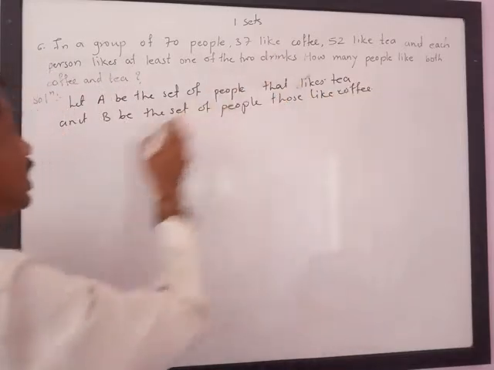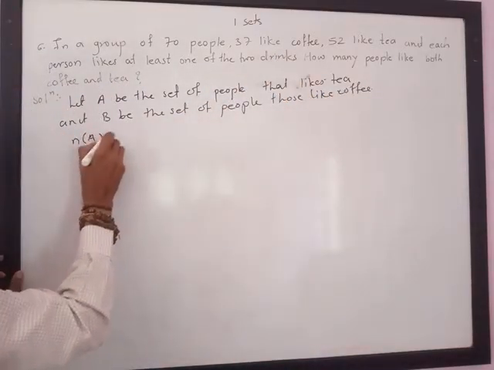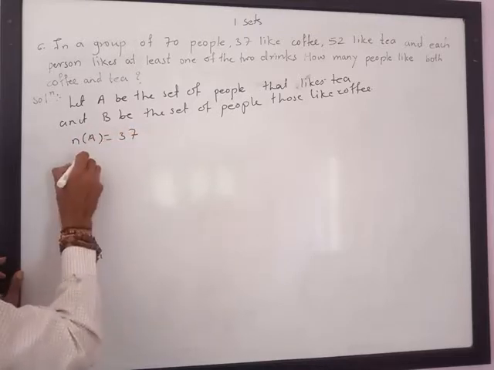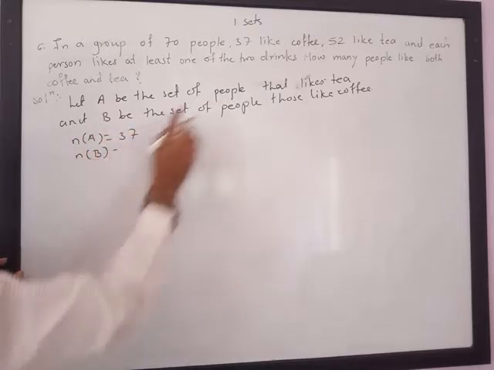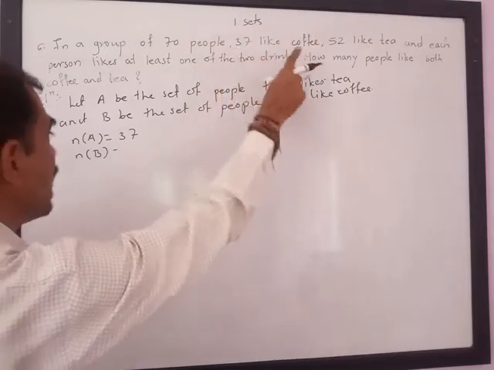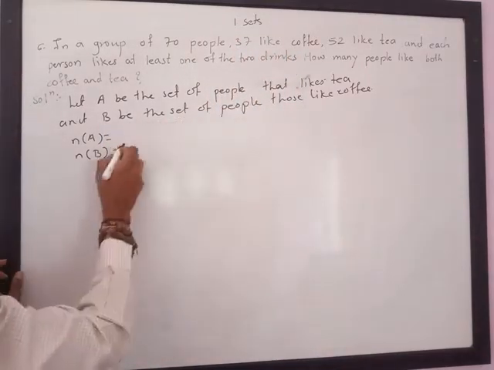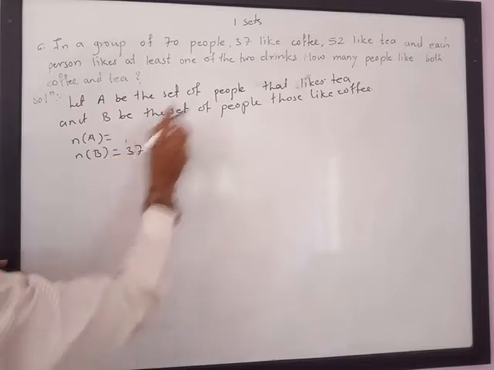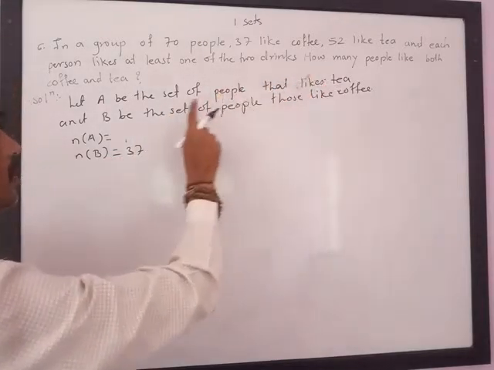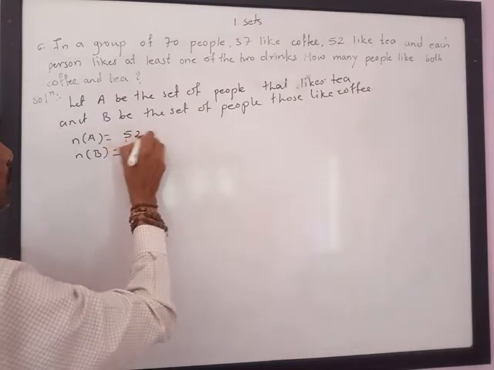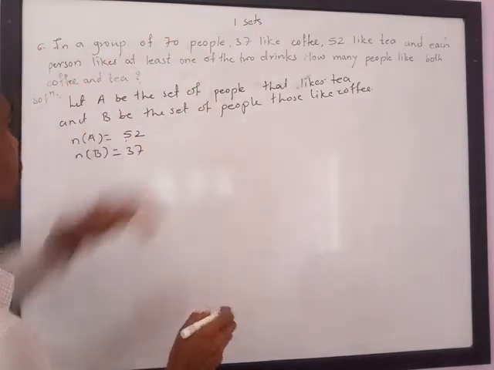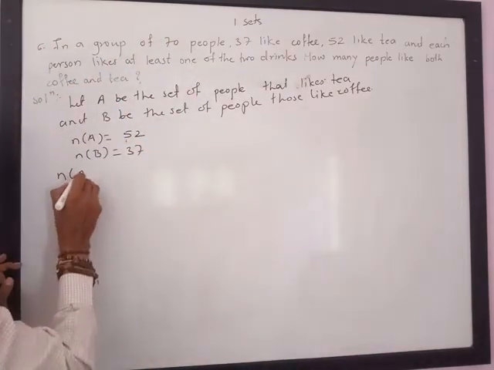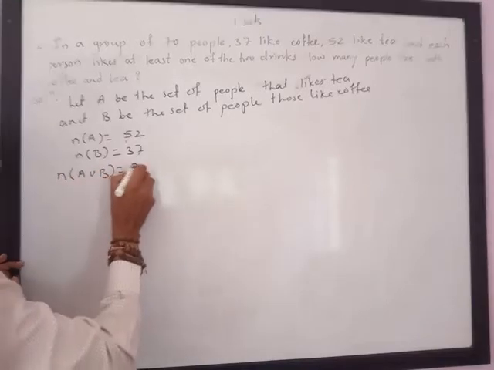We are given the number of elements in A set is 52, and 37 like coffee, which means the number of elements in B is 37. Now we are given the total number of people. It means the number of elements in A union B is given to us as 70.